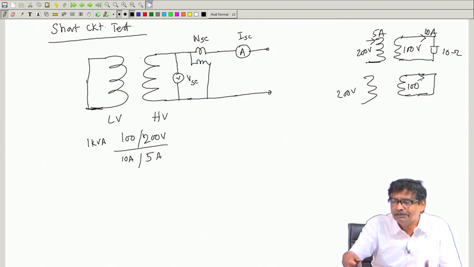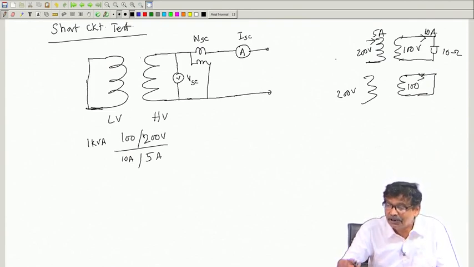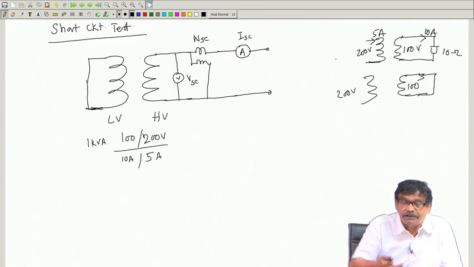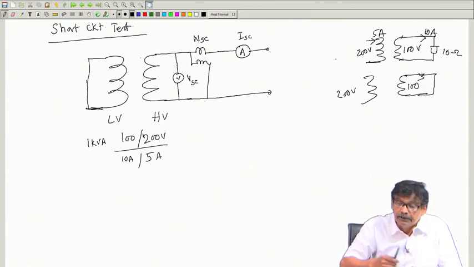Apply rated voltage, rated current, and the current drawn from the supply will be only 5% of the rated current of the LV side. But here you cannot apply 200 volt, because you are putting a short circuit. Then the question is, how much voltage should I apply to the HV side?